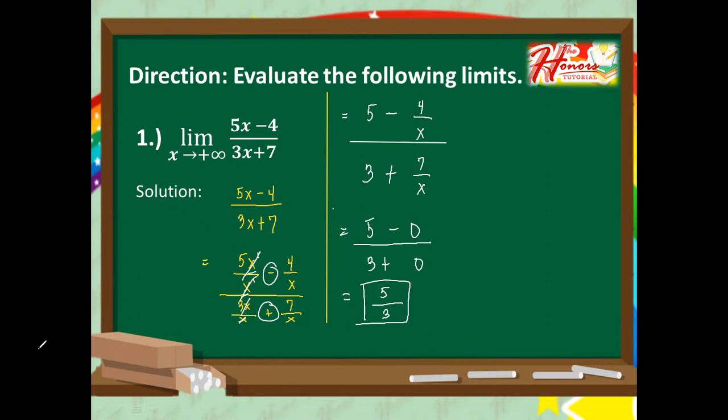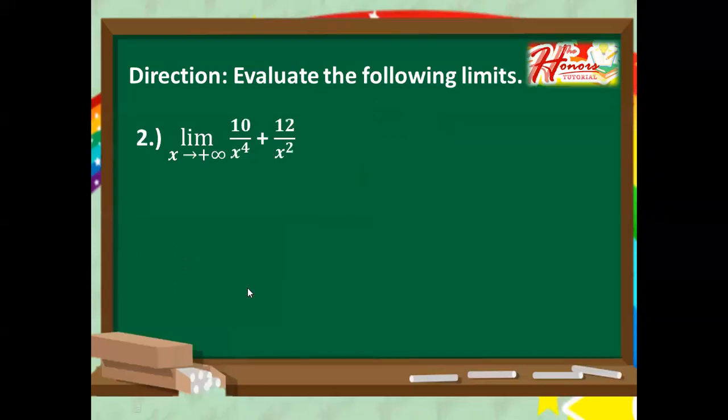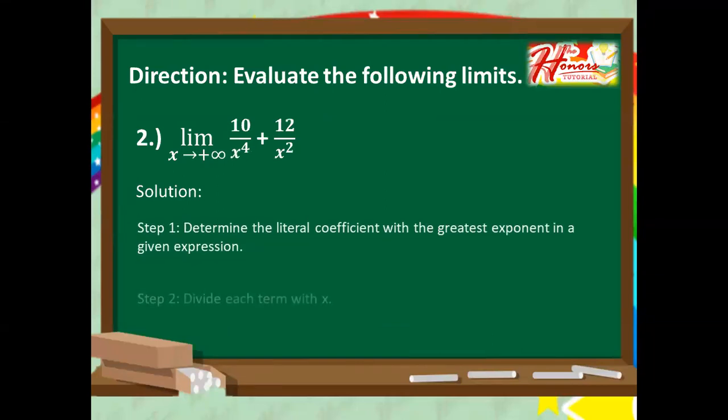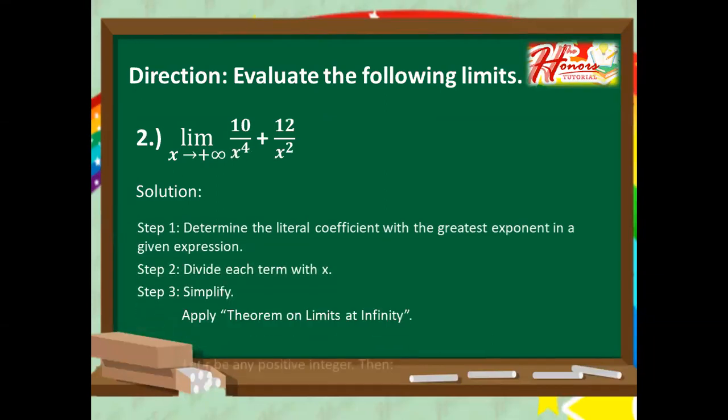Next, let's have number 2. For number 2, no worries about it. We have the same steps, 1 to 3. As earlier, step 1, determine the literal coefficient with the greatest exponent in a given expression.